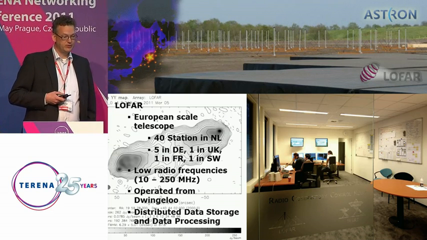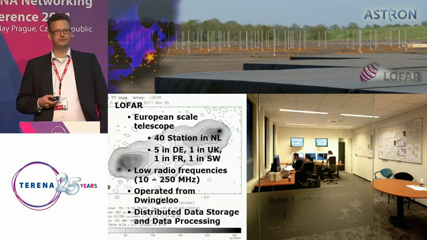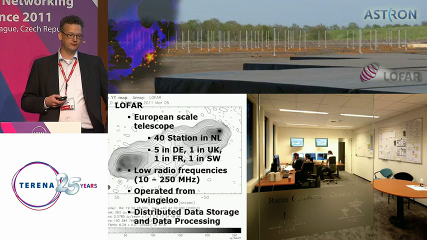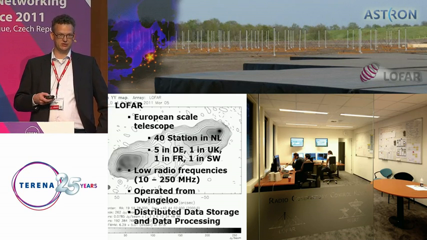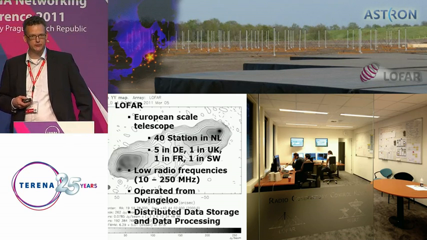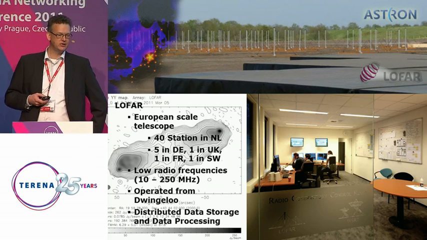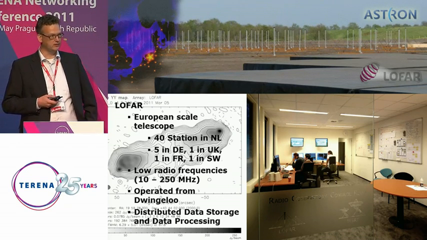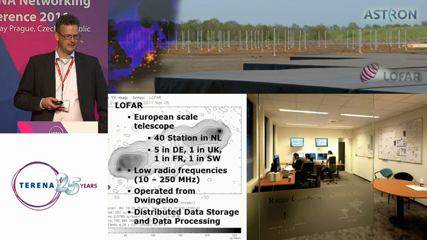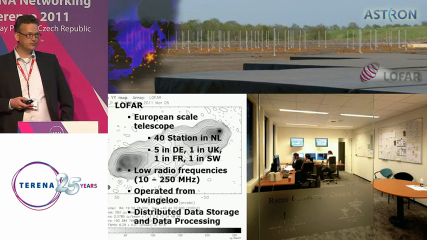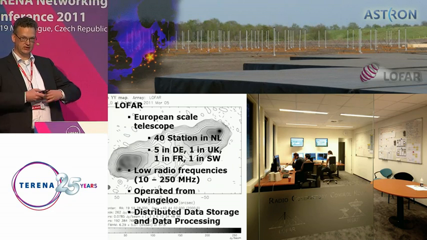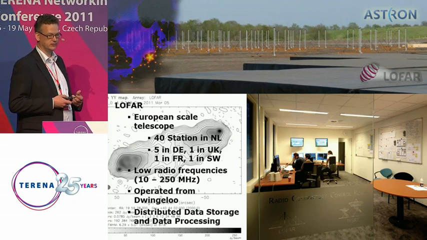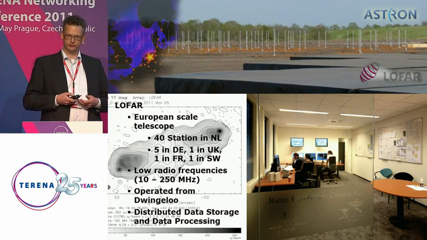LOFAR is a European scale radio telescope. It consists of 48 stations. There will be 48 stations later this year, of which 40 are in the Netherlands and 8 are abroad, 5 in Germany, 1 each in the UK, France and Sweden. It is new and unique in its size, in the sensitivity that it will achieve, but also in the frequency range.